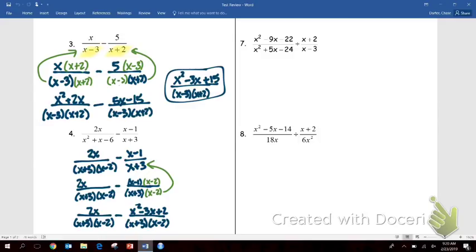And now that we have a common denominator and everything distributed, we can just combine like terms. So 0x squared minus x squared is negative x squared. 2x minus 3x is 5x. 0 minus 2 is negative 2. That's my answer.